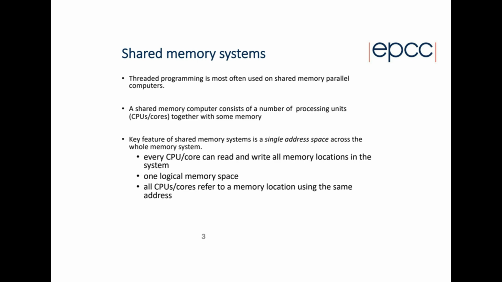But the key feature of these shared memory systems is that there is a single address space across the whole memory system. So what does that mean? It means that every CPU or core is able to read and write all the memory locations in the system. The entire memory appears as one logical memory space, and all the cores refer to a memory location using the same address.